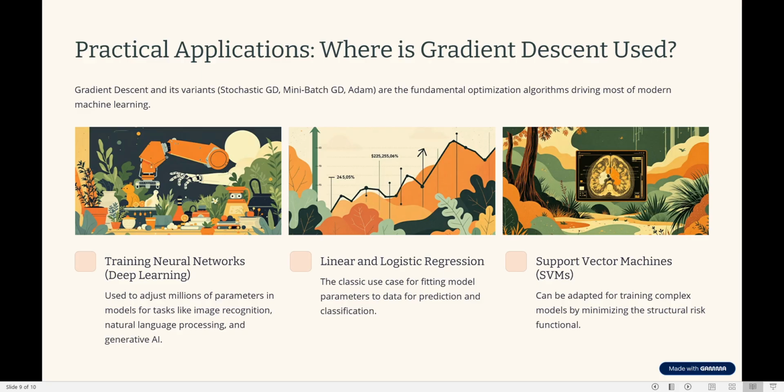Linear and logistic regression are used to find the best fit model for prediction and classification tasks. And the last one is support vector machines, SVMs. Gradient-based optimization helps minimize structural risk. In short, gradient descent is the heart of almost every ML algorithm.